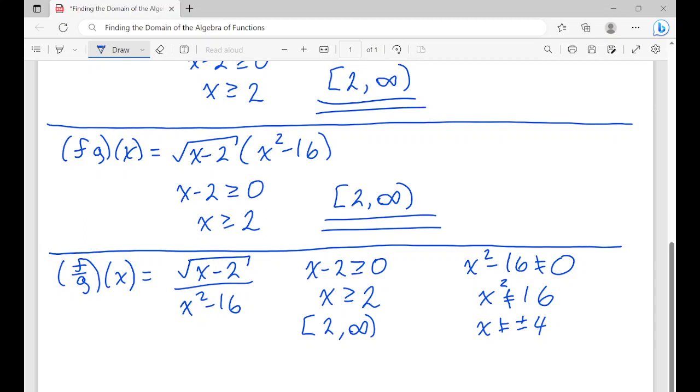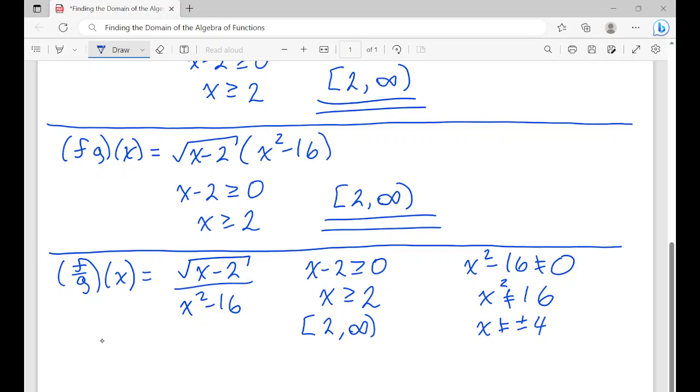this quotient. Now, we need the intersection. -4 is not within this, so it doesn't matter. We don't need it, and it's not in here, so we don't have to worry about it. However, 4 is also a number. We can't have it, and 4 is within this interval because it's 2 to infinity. So we must remove 4 from the domain.